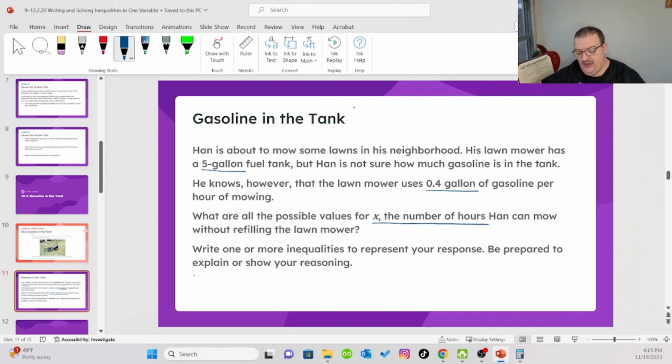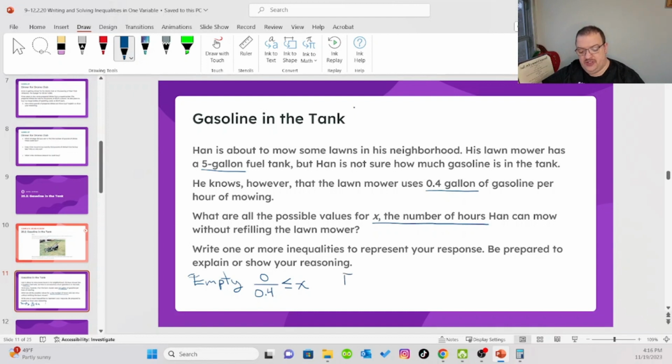So if it were empty, that would be 0 gallons divided by 0.4 hours, and our hours would be greater than or equal to that because it can't be any less than empty.